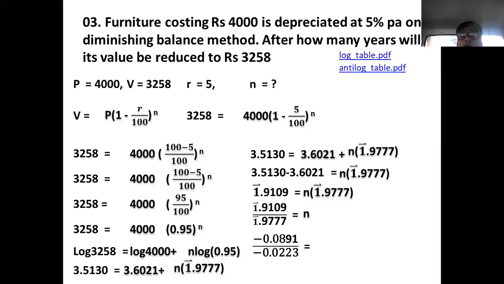In the denominator 1 minus 0.9777, its answer is 0.0223. Remember this properly. I deduct the fraction part from the 1 above and the 1 below, but the answer comes in minus. Then if you cancel it, minus minus get cancelled, denominator minus numerator minus get cancelled.